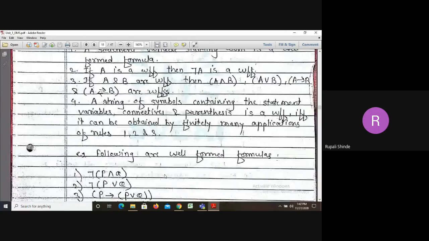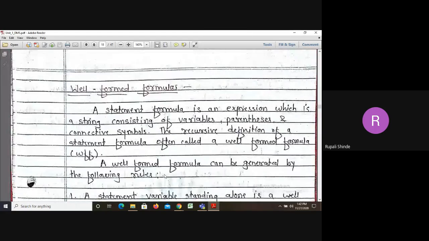So this is the rules and definition related to well-formed formula. Do you have any doubt regarding this point? Hello? Did you understand this point? Well-formed formula?